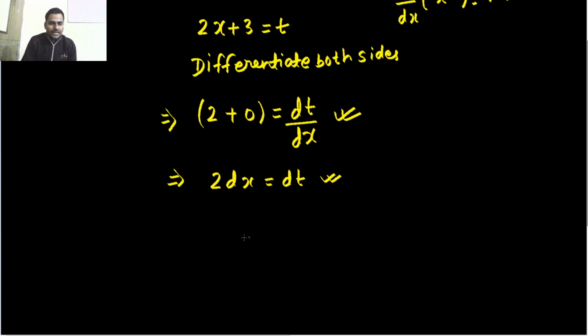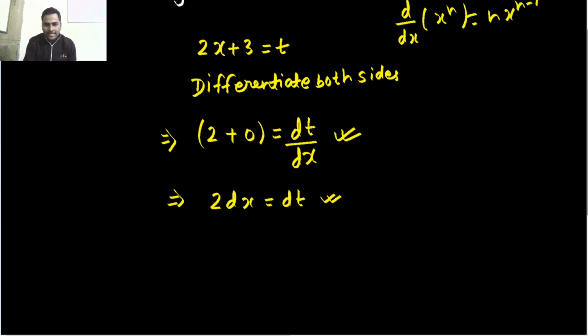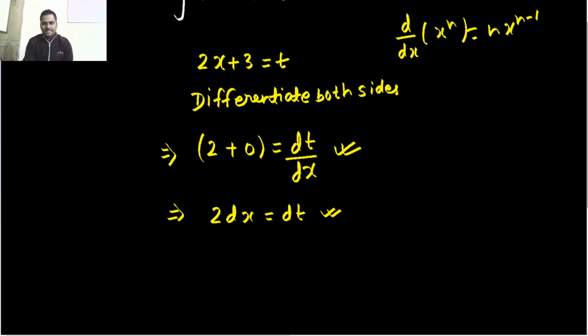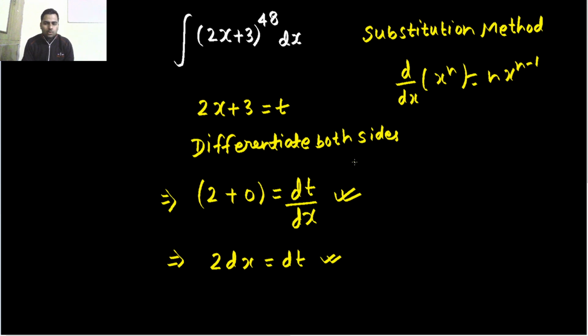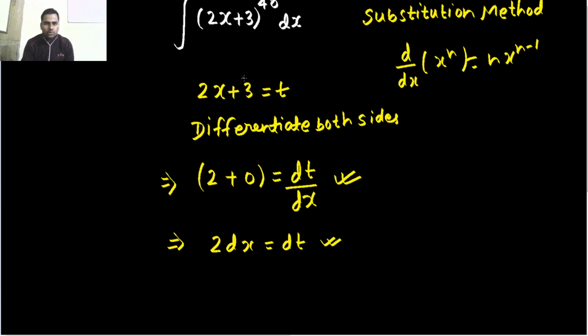What we want now is, up till this step, if you want to go back to your integration, what will you do? 2x plus 3 is your t. So t power 48 dx. Now you see, the integrand, meaning whatever we are going to integrate, is in terms of t, but here we have dx.